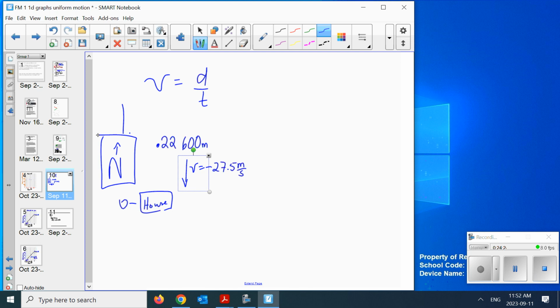So the time is 1.2 hours, and I want to get rid of hours and keep seconds. I know that 1 hour is 60 minutes, and 1 minute is 60 seconds.